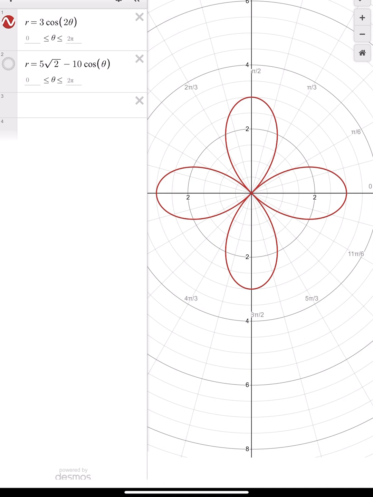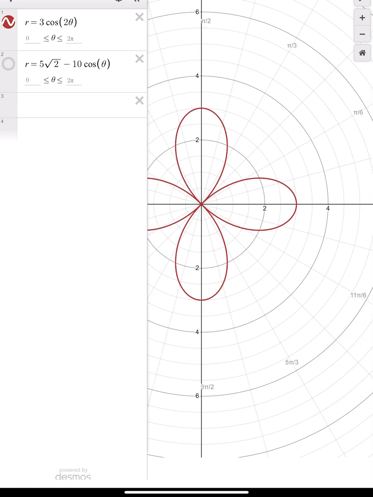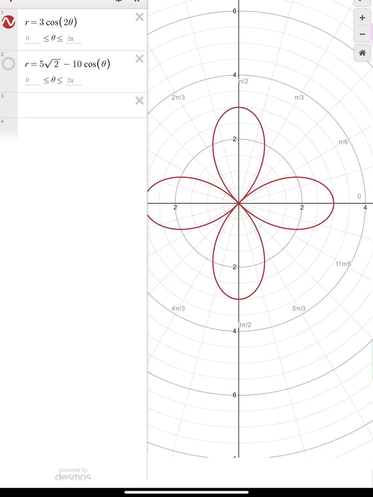If I wanted to find the area of all 4, I could look at a couple different things, like the area of just 1 petal or the area of half the petal and kind of extrapolate from there. Some things that you may notice is that the length of the 1 petal, the farthest part out, is 3, which comes from the 3 times cosine of 2 theta.